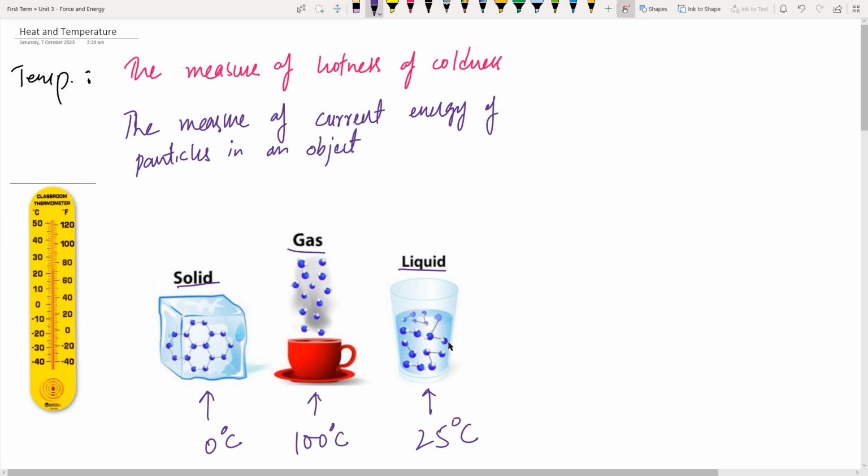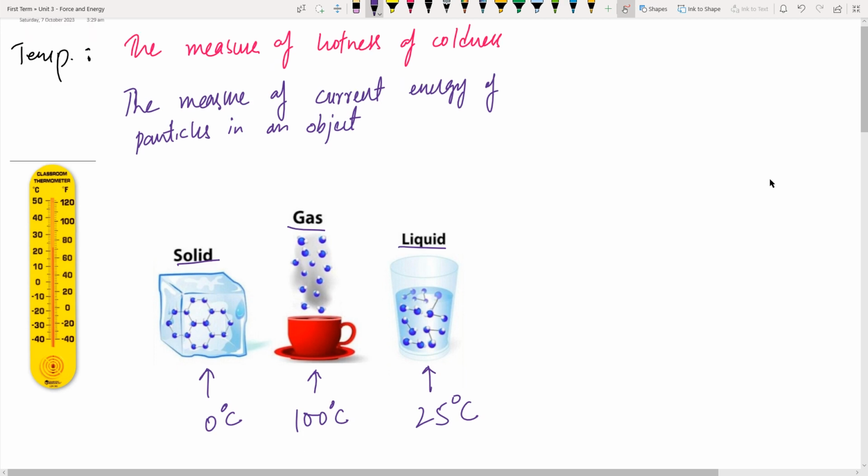And when the temperature is rising, the particles have energy to move about. And when we talk about gas, they're able to move up. Why? Because the density becomes lower as the temperature goes up. Things expand, then the gas is going to fly up, and that is when we say that the particles have a lot of energy, enough energy to escape the liquid. So this is what temperature is.